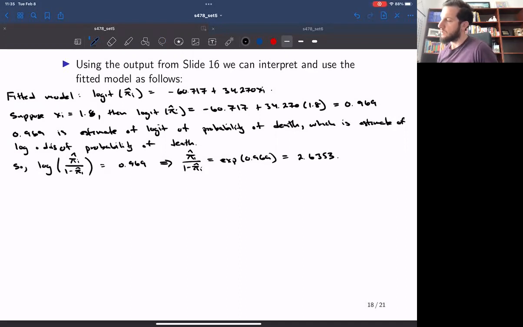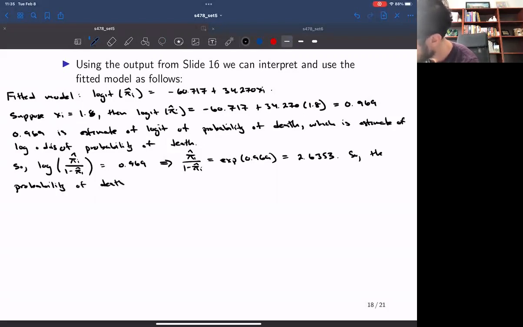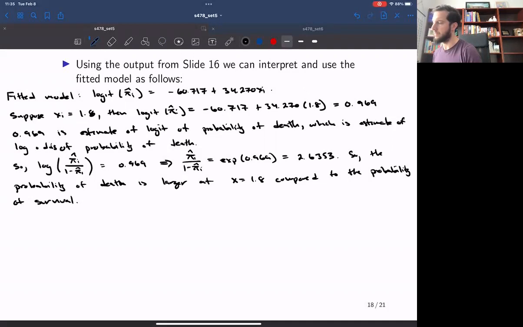I have to be careful with that interpretation, but this is telling us the probability of death compared to the probability of survival, right?